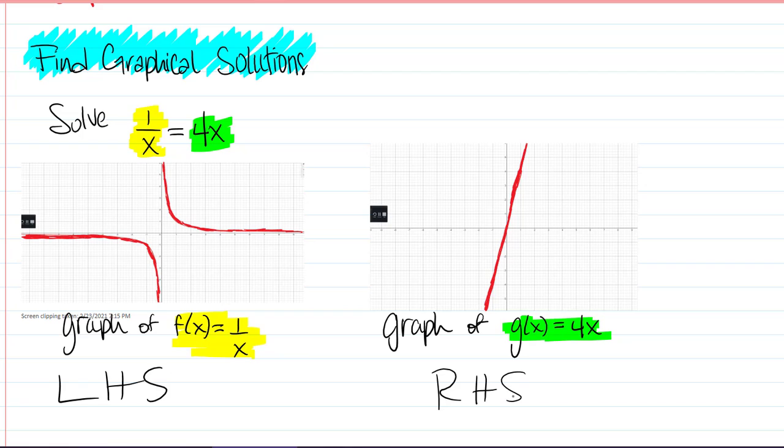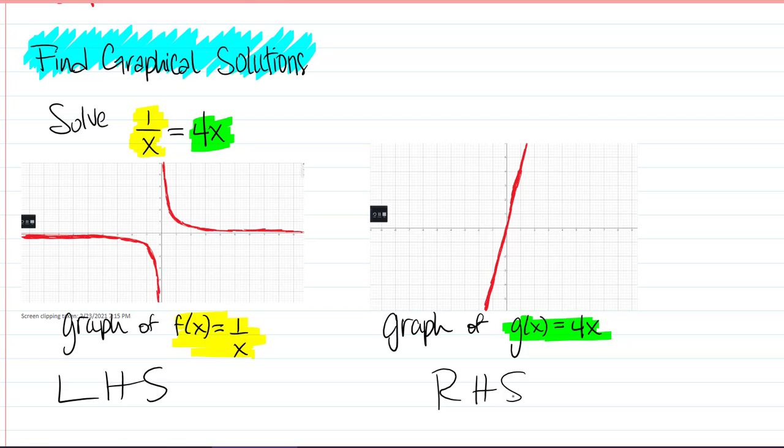I've got both of those things graphed, and for any time you're trying to solve, you're setting the left-hand side equal to the right-hand side. You are setting the function on the left equal to the function on the right.